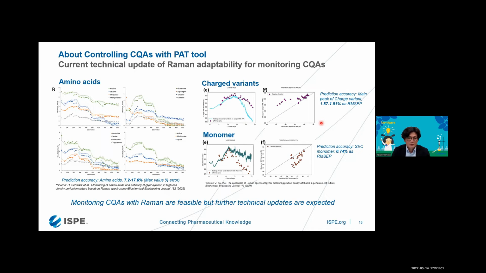In terms of the monomer, this parameter can also be monitored with Raman technology, and the estimated root mean square error of prediction is around 0.7%. So monitoring the CQA with Raman is feasible, but further technical updates are expected, such as to improve accuracy.